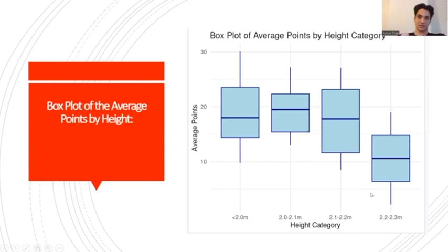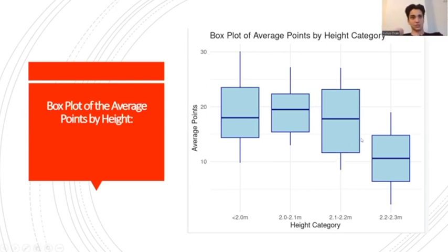You can say that if there was a line, it would be a negative slope, and we cannot conclude that the physical attribute height can influence points per game in a bad way, but we cannot deny what we see in this picture.